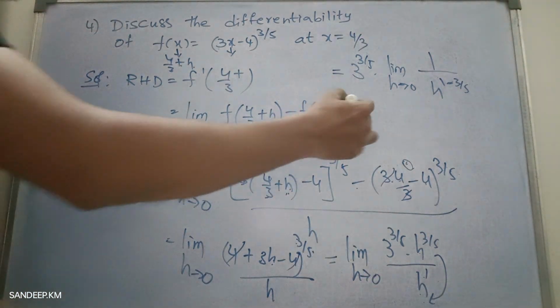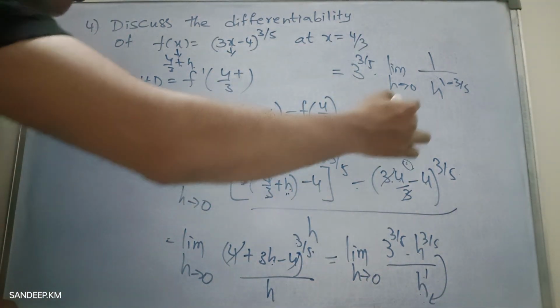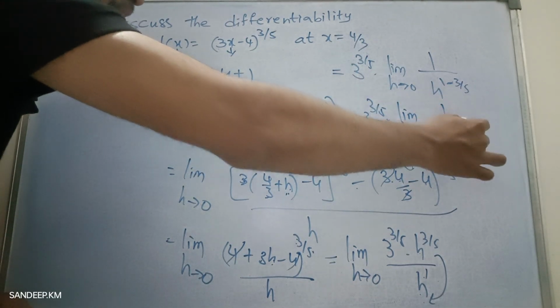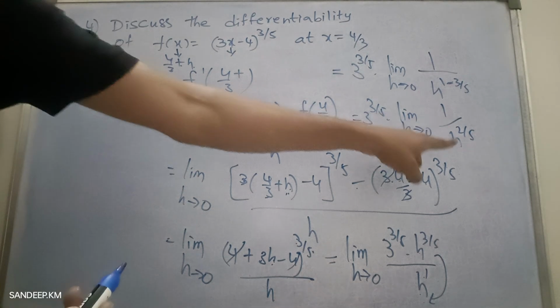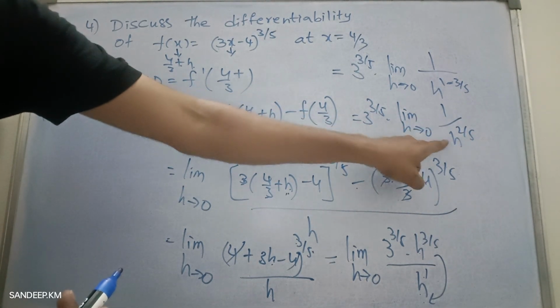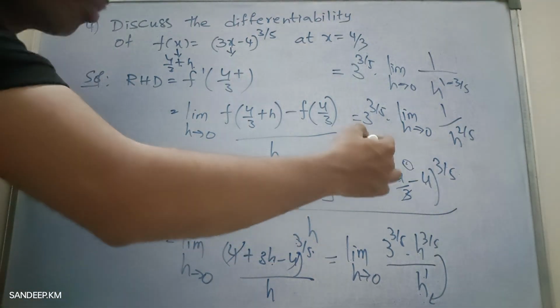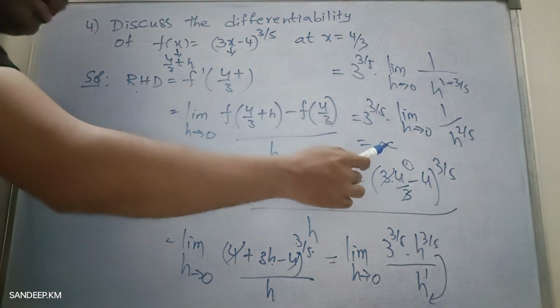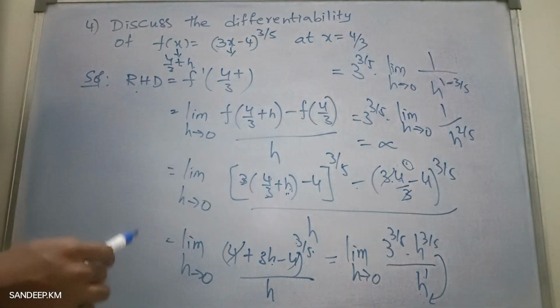So you will get 3 power 3 by 5 into limit h approaches 0, 1 divided by h power 2 by 5. Now if you substitute h as 0, I am getting 1 by 0 point something whole power 2 by 5. This is approaching plus infinity. Dear students, the right hand differentiability RHD is not finite.